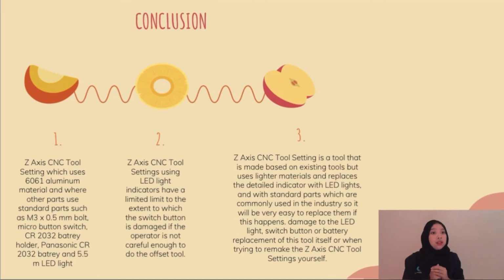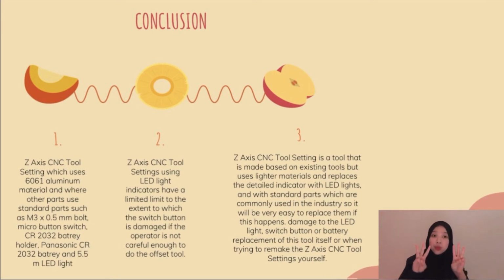Z-axis CNC tool setting using LED light indicators has a limit to the extent to which the switch button is damaged if the operator is not careful enough to do the offset tool.